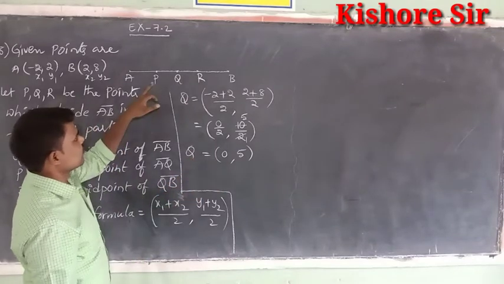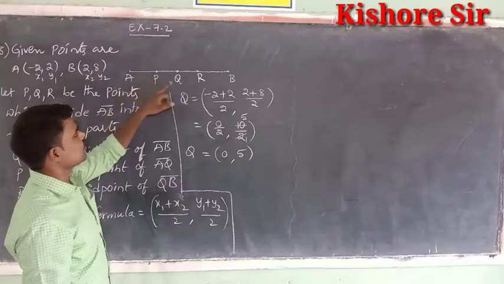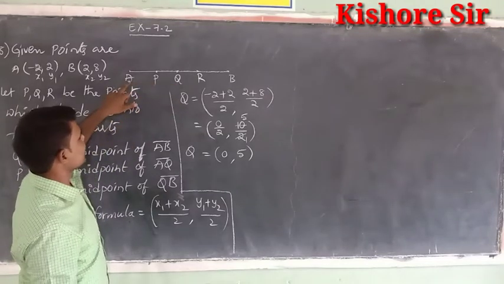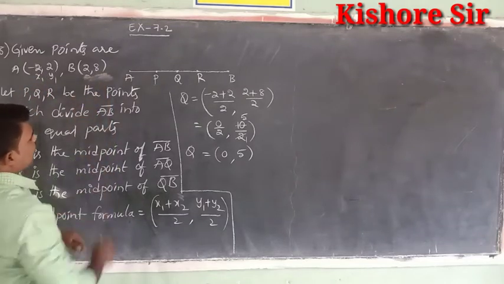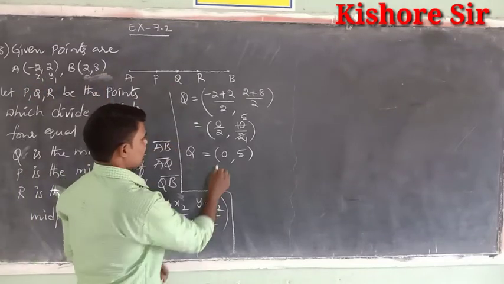Next P. P is the midpoint of AQ. So the first point A is x1, y1 and the second point Q is x2, y2. The coordinates of the point P: x1 plus x2 by 2 is minus 2 plus 0 by 2, and y1 plus y2 by 2 is 2 plus 5 by 2. So that equals minus 2 by 2 comma 7 by 2.